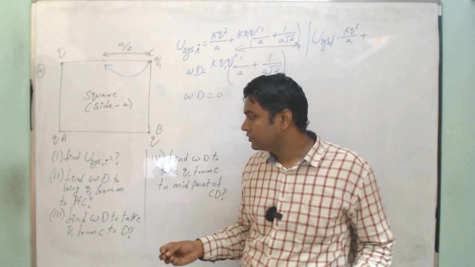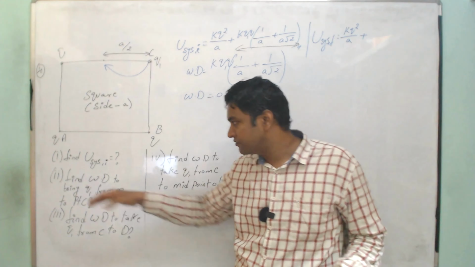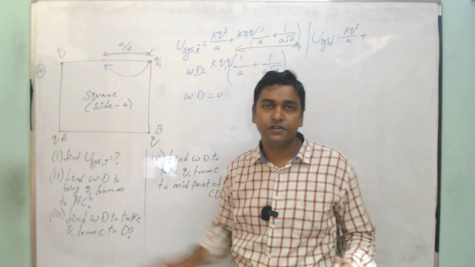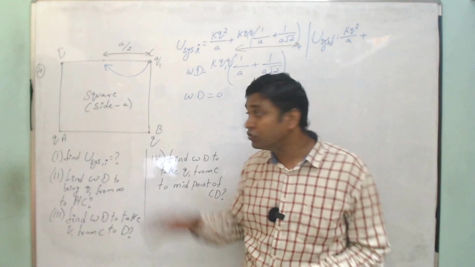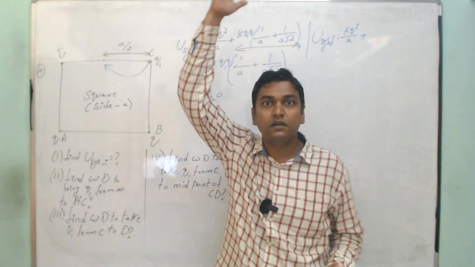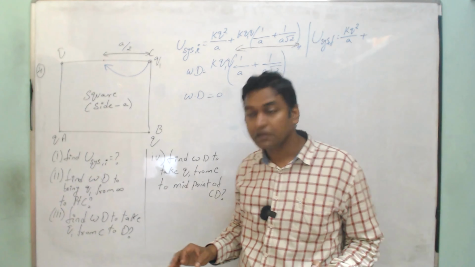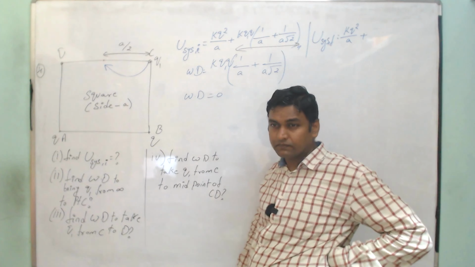Now, what you are saying, work done to bring charge Q1 from infinity to point C, it is not wrong. But why do you want to go somewhere else to do something? That is nothing but the potential energy only, right?